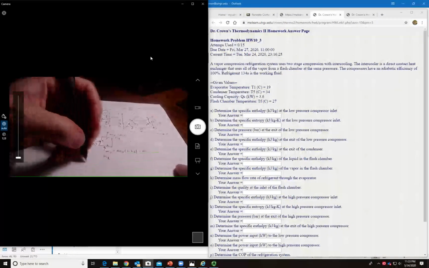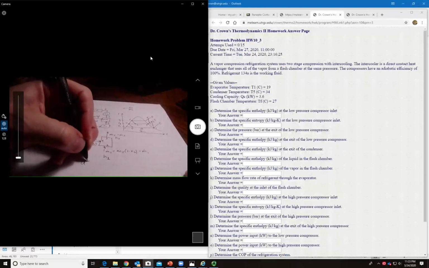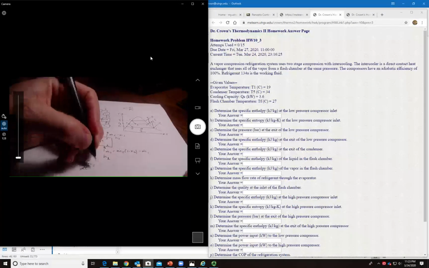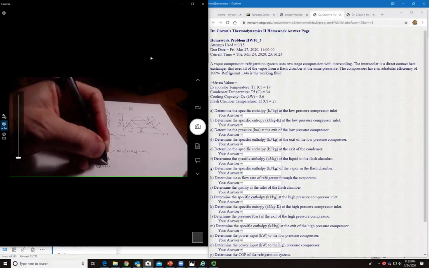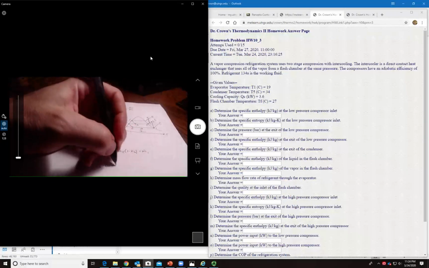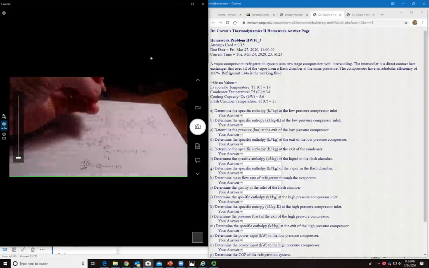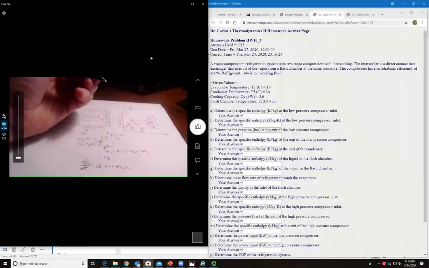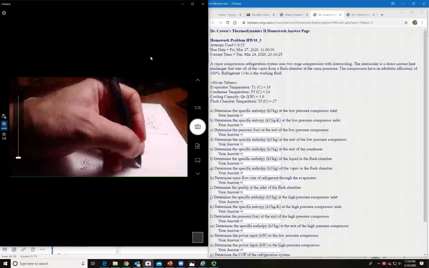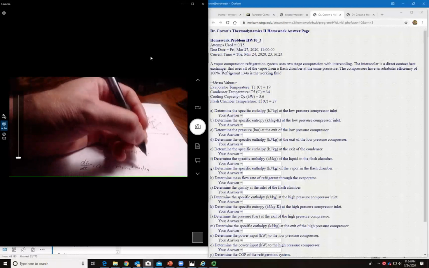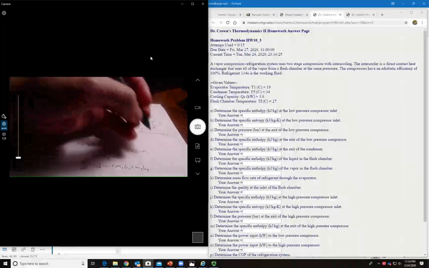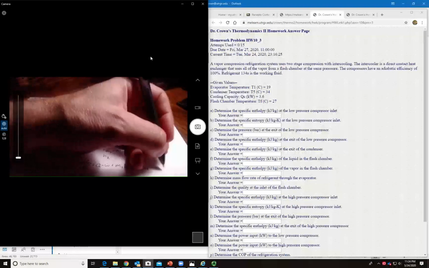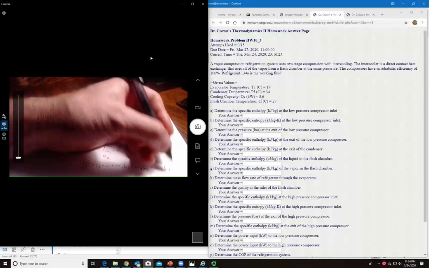So we've got dE_CV/dt equals Q dot minus W dot plus m dot 2 H2, that's one inlet, plus m dot 9 H9 minus the one exit, m dot 3 H3.